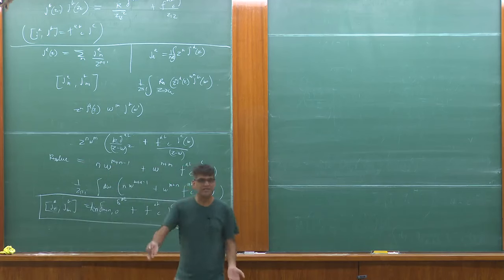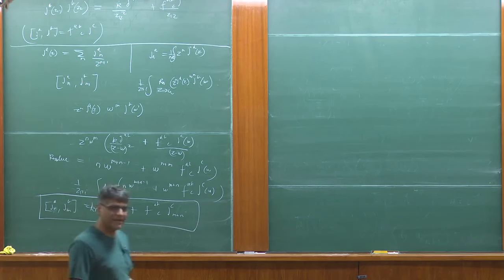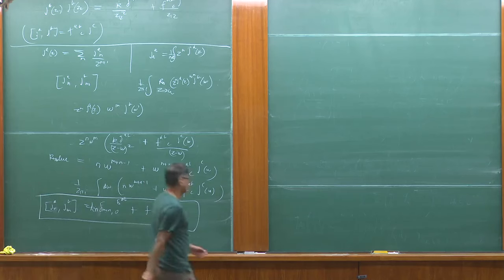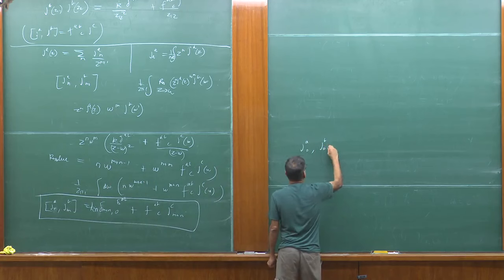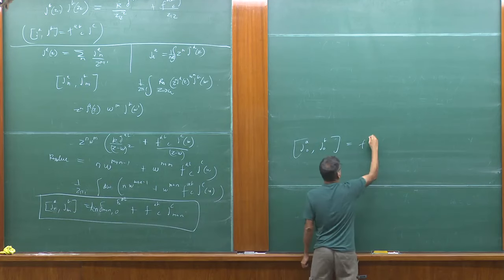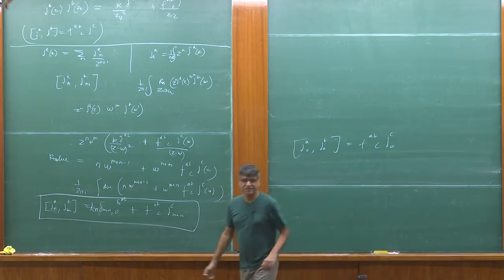So the zero modes of the currents obeyed the ordinary SU(2) algebra, but that argument just goes through completely unchanged. Zero mode currents are the charges of the Lie algebra, so they obey the usual Lie algebra relations. So just following what we did with SU(2), we find that the commutator of J^A_0 and J^B_0 is equal to f^ABC J^C_0. So the J0s obey the commutation relation of the Lie algebra.